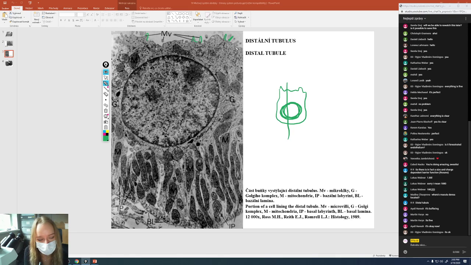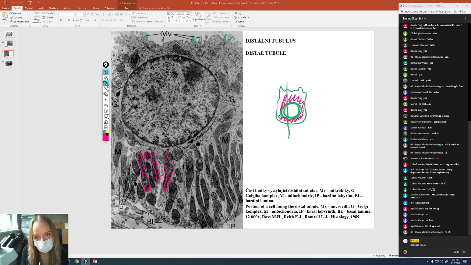Guys, this is very important. There is no brush border here, but there are many mitochondria, so this cell of this tubule is also eosinophilic.